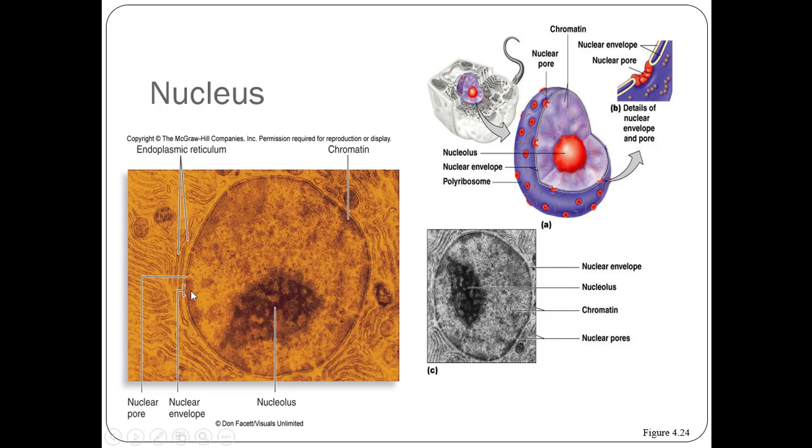So the nucleus, we can see a picture of that here. We got our nuclear envelope that's surrounding the nucleus. We have our nucleolus, which is sort of the integral portion of that nucleus where the proteins, or where the DNA is made, I believe.